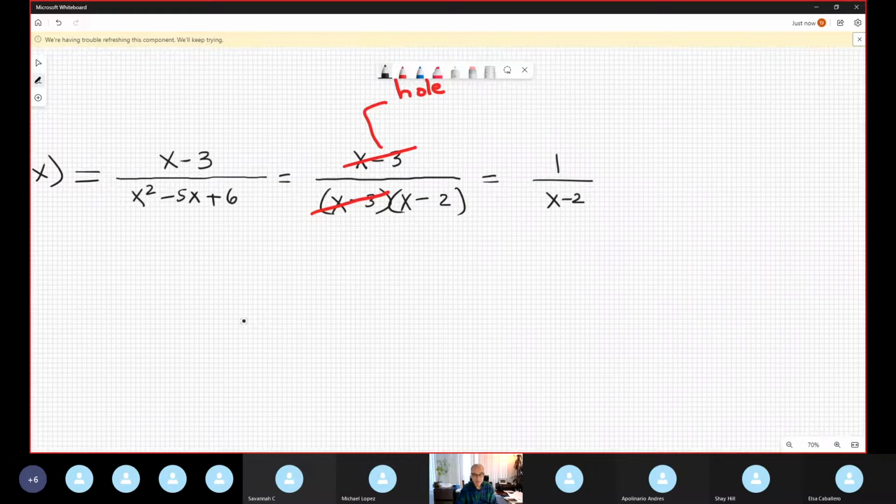So I realize in that moment that at x equals 3, we have a hole. Let's see how you represent the hole. At x equals 2, because the zero of the denominator remains after the simplification, it is a vertical asymptote. Cool? It's a vertical asymptote.